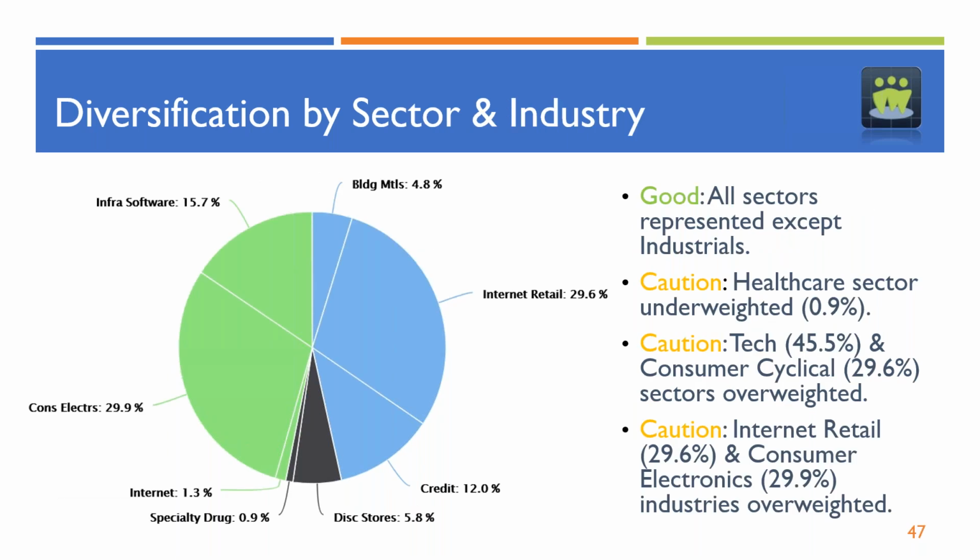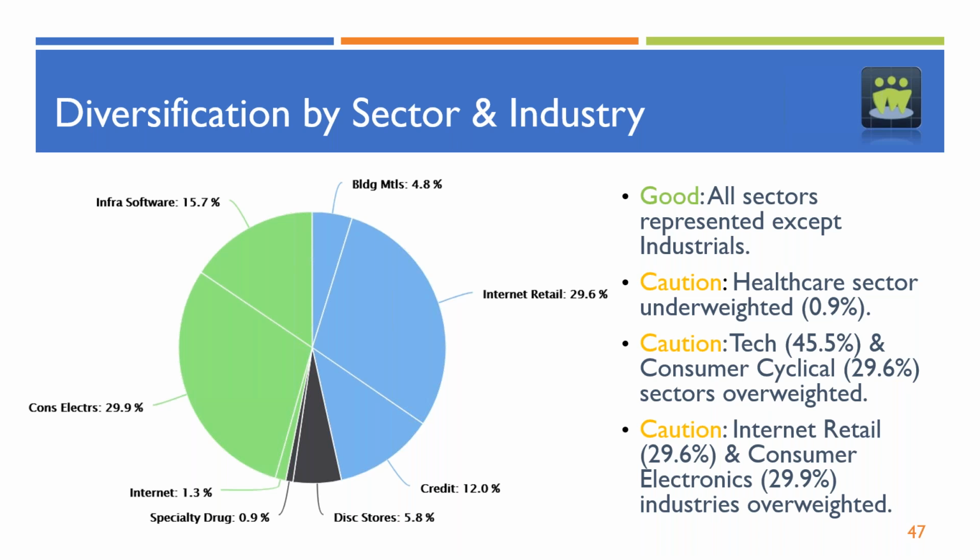By sector and industry, you can see some big pie slices here. All sectors are represented except industrials, interestingly enough, so that roughly each of the companies is in a different sector, and that's pretty good. The healthcare sector is underweighted at 0.9%. So again, that's an opportunity to go shopping for healthcare stocks.